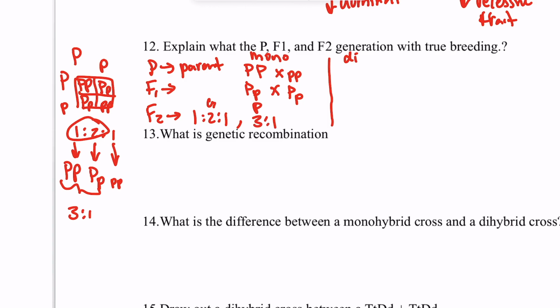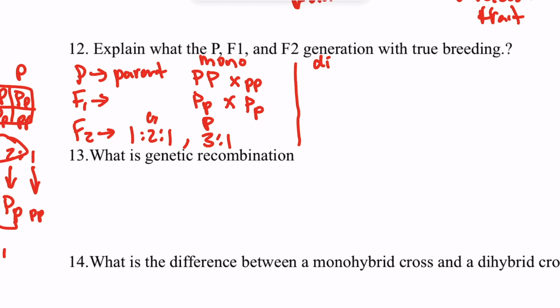Now for the dihybrid cross, we use two different sets of alleles. So for the parent one, he used something like big P, big Y, and we bred it with little p, little y. That's our parent. And then we create all heterozygous in our F1.